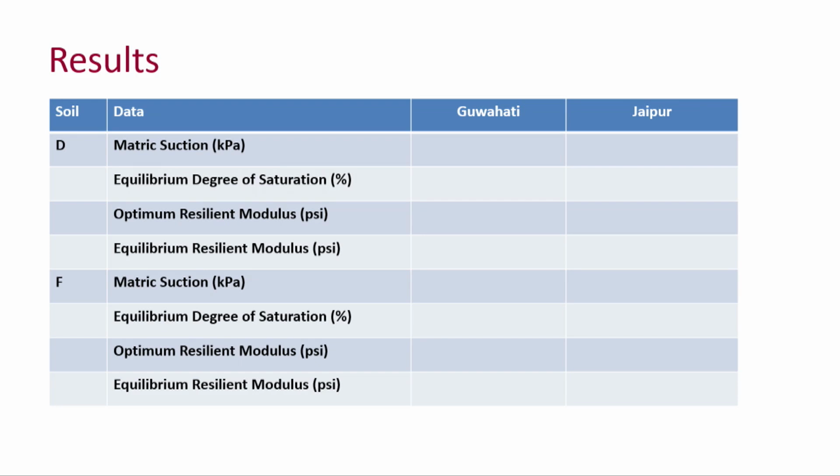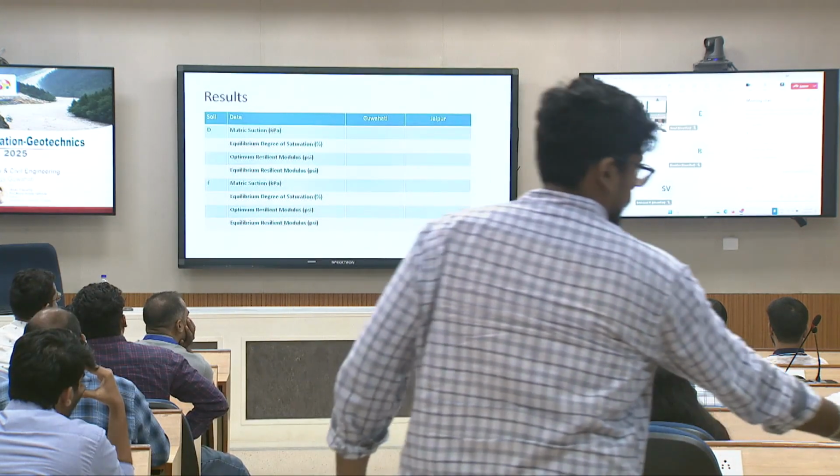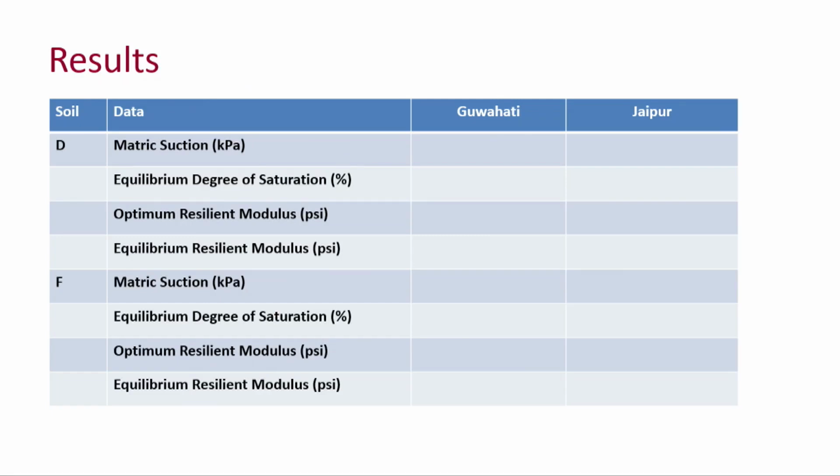Emad, you're going to have soil D, which is the granular material. Okay, Emad, Guwahati, soil D. Thank you so much. Rohit, we got D, Jaipur. Babitra, soil F, Guwahati, and Srinivasan, soil F, Jaipur.